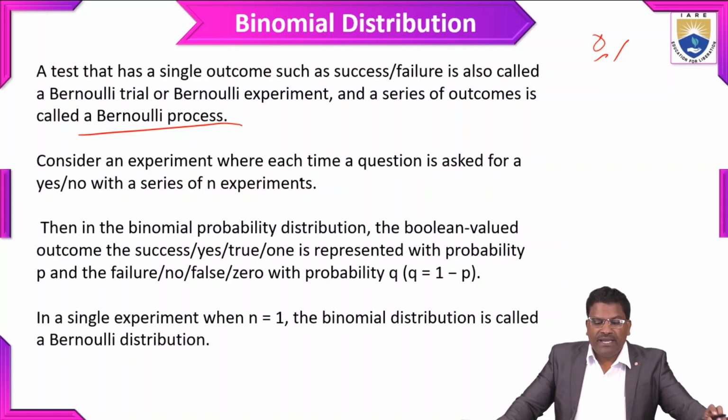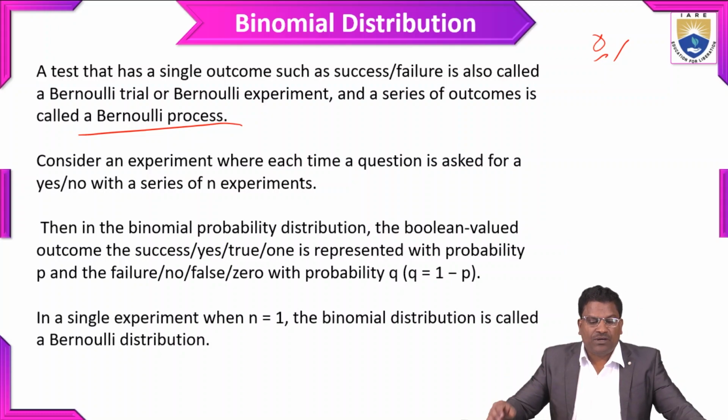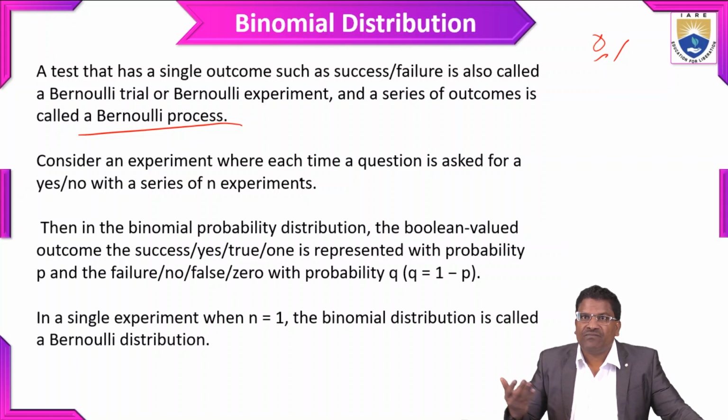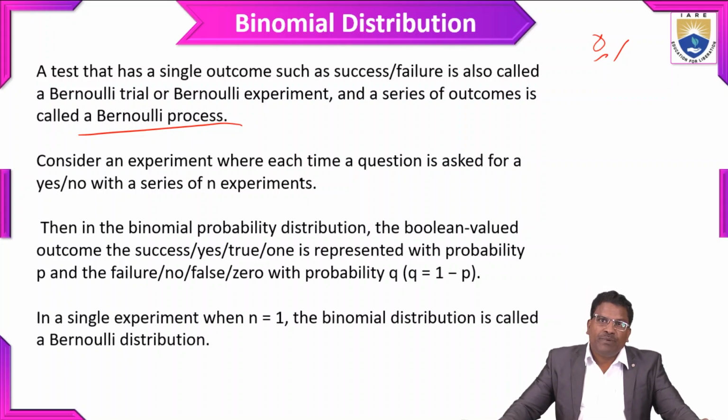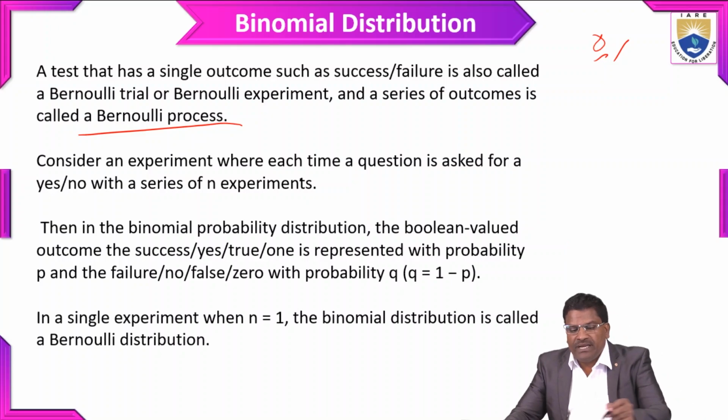So in the binomial probability distribution, the Boolean valued outcome is either success or failure. If it is a failure, 0; if it is a success, 1. It is represented with a probability p, where p stands for success probability and q stands for failure probability. That's why q is equal to 1 minus p.